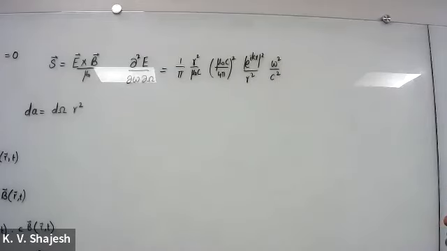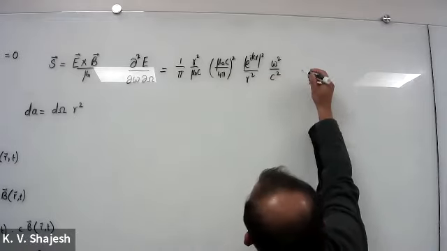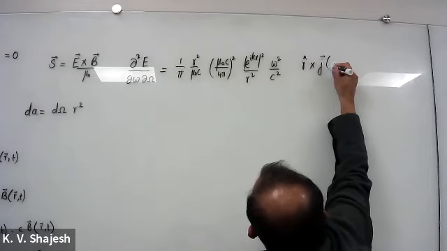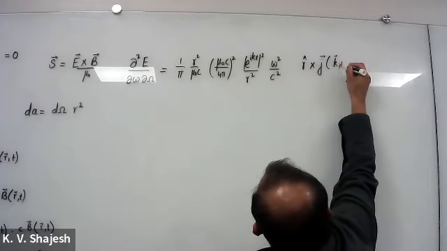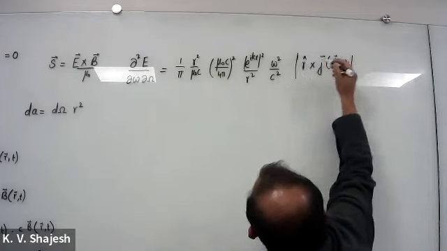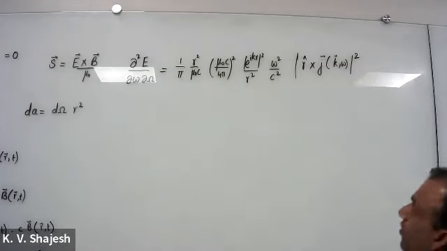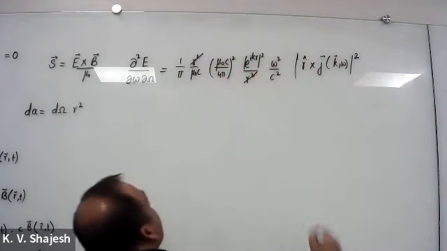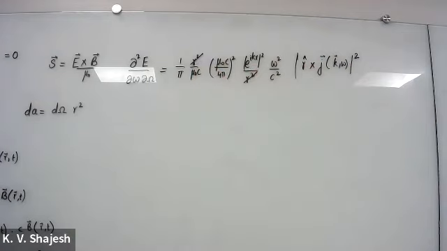And there is r hat crossed with j, squared. R square cancels out. The exponential like r is 1. There is a 4 pi square, I suppose.